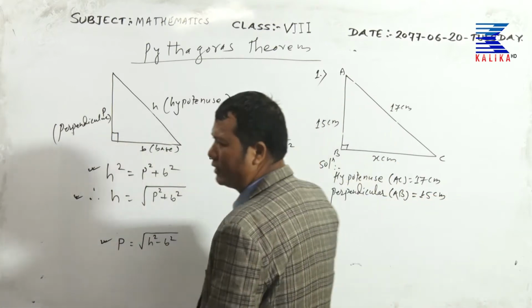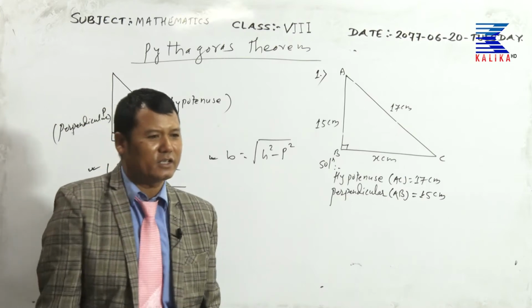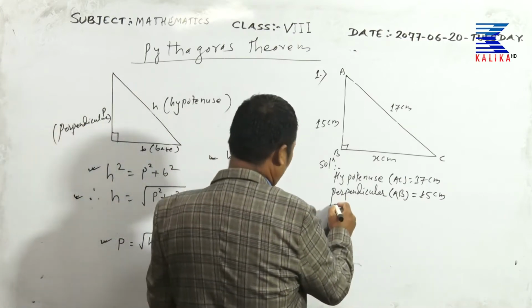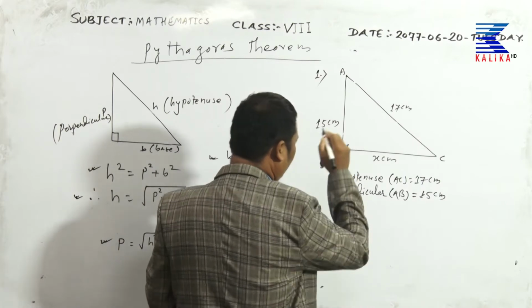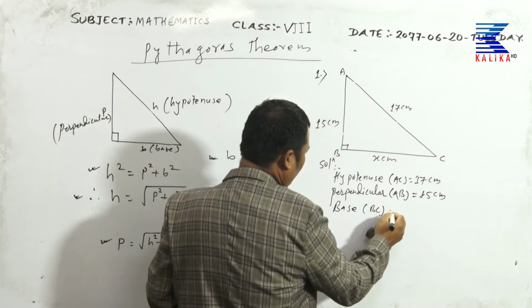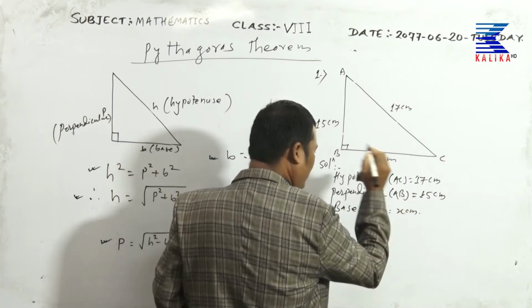Now here BC is x, which is the base. Base BC is equal to x.